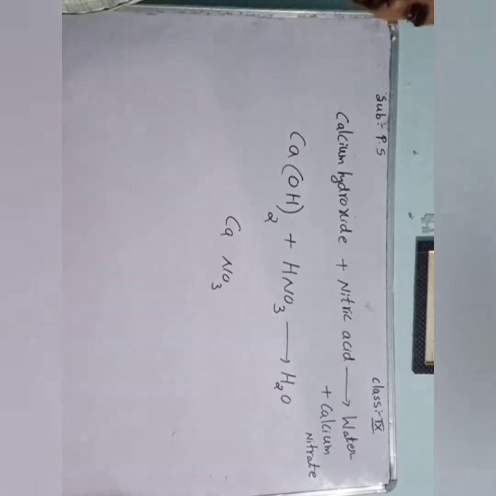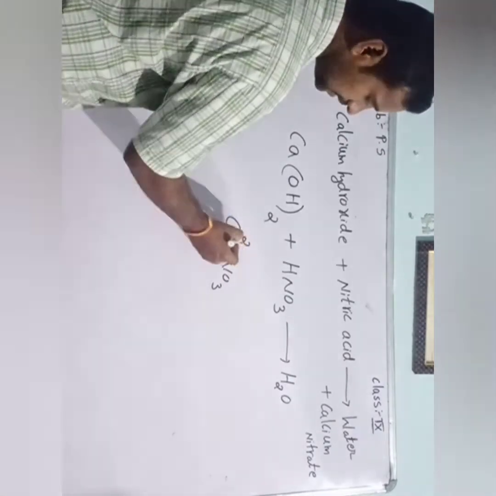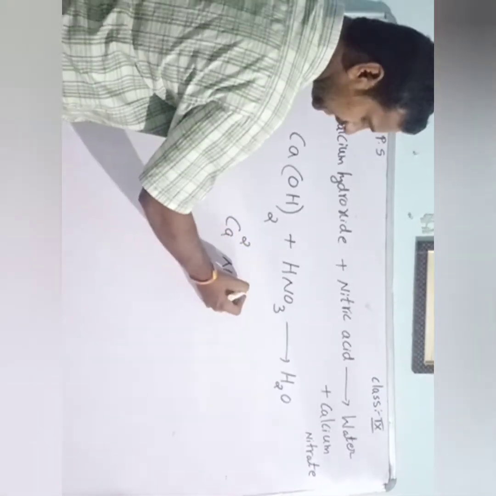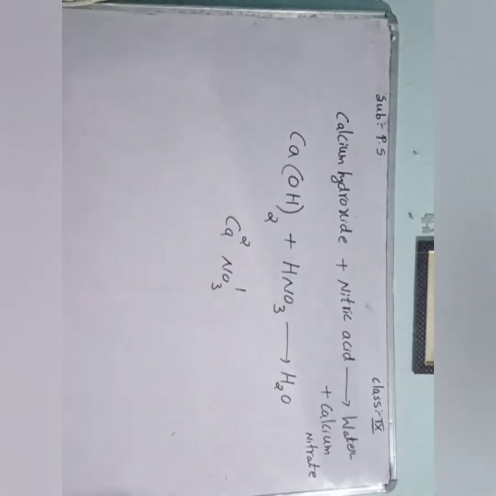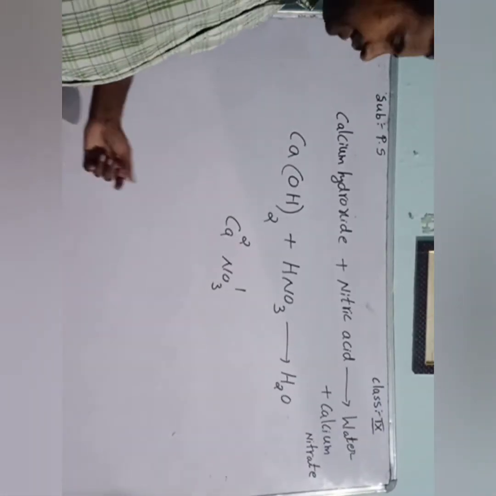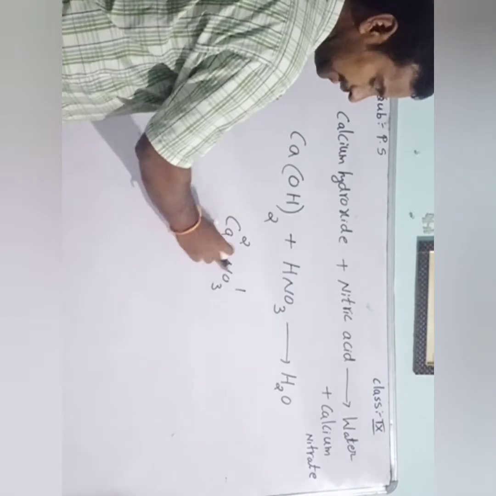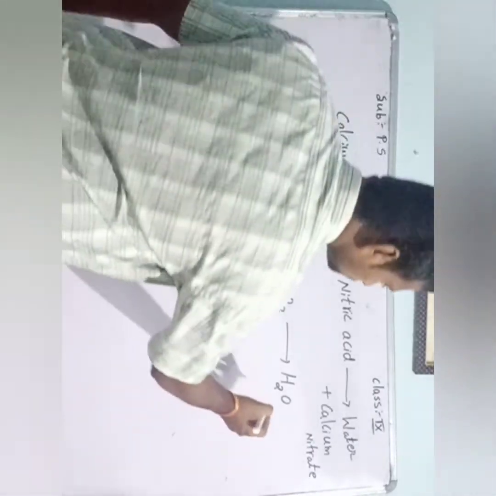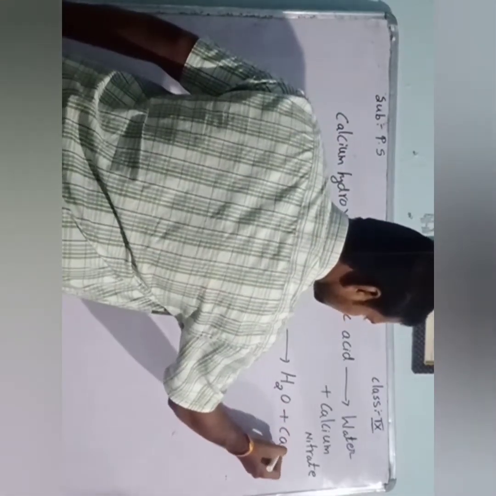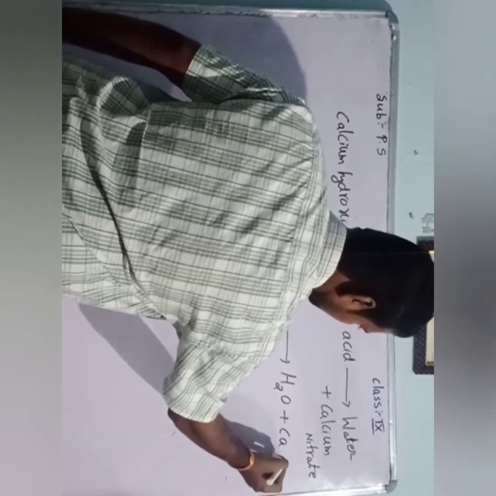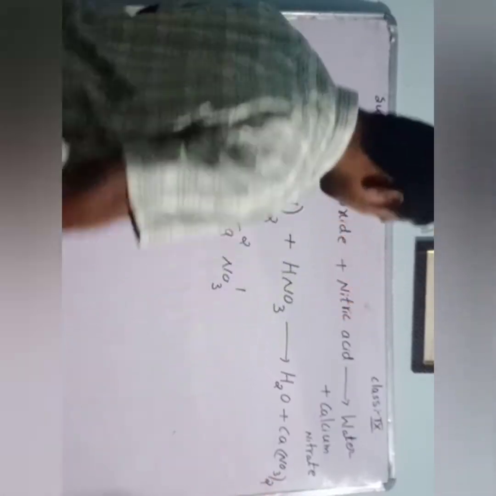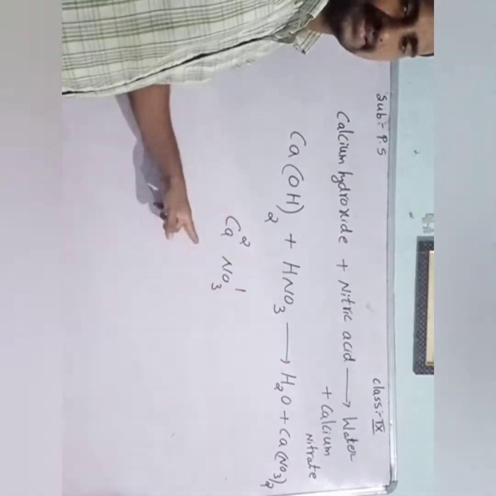The valency of calcium is 2 and the valency of nitrate is 1. Again the interchanging of the valency: Ca1 NO3 2. So the calcium nitrate formula is Ca(NO3)2. Clear? The interchanging of the valency.